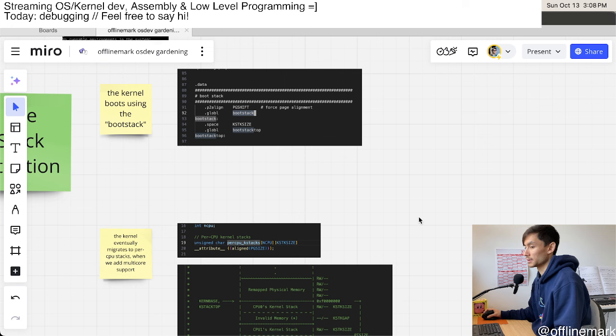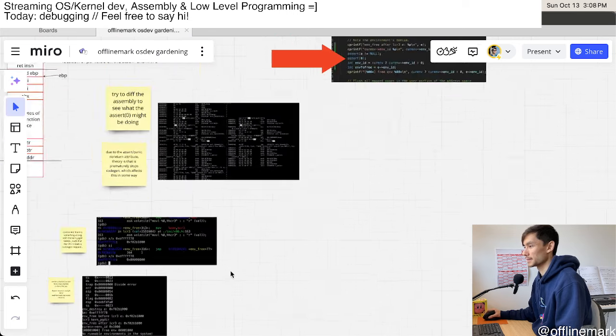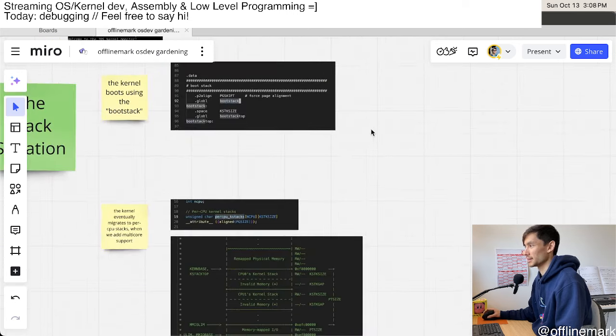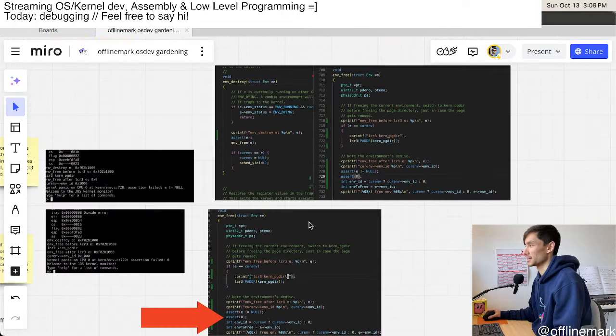And I think there's some very straightforward, naive problem that we were running on the boot stack, pushing arguments, and in particular, pushing this E environment pointer onto the stack.